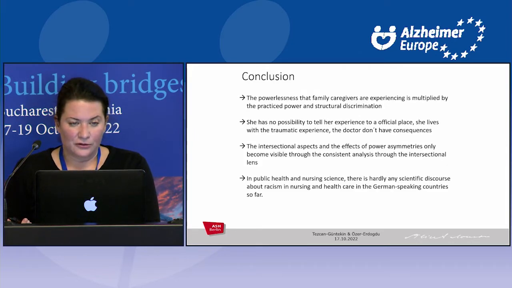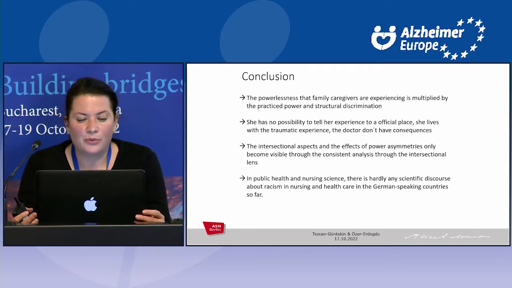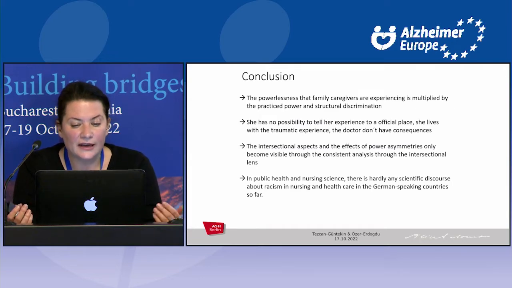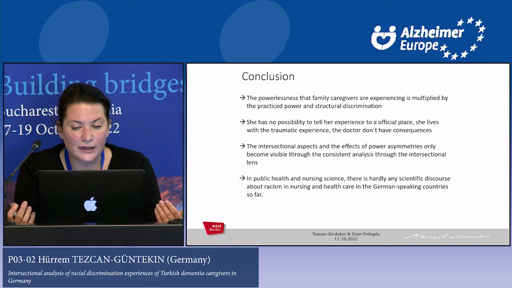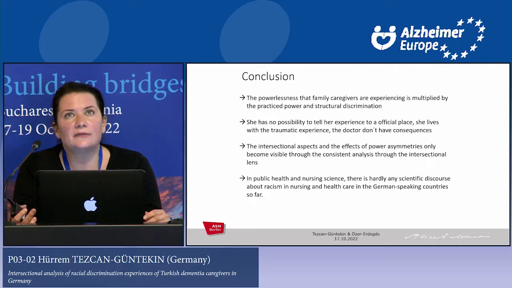So I come to my conclusion. The powerlessness that family caregivers are experiencing is multiplied by the practiced power and structural discrimination. If we put this case to a family without a migration background, things like this can happen.